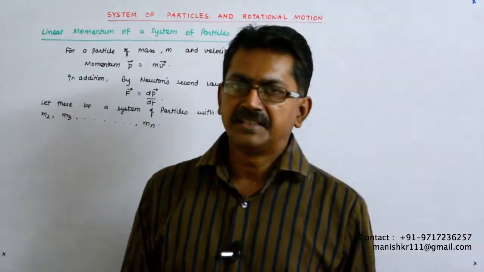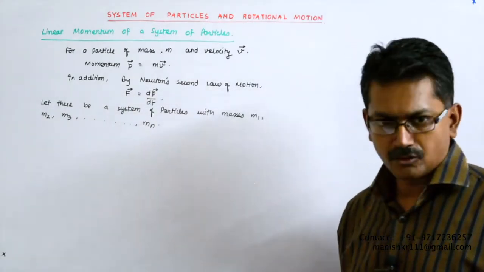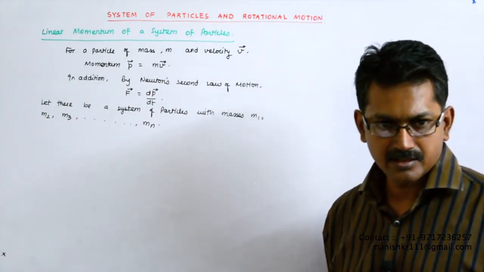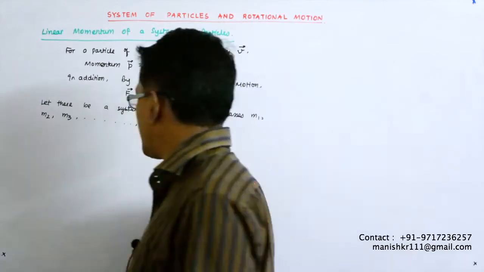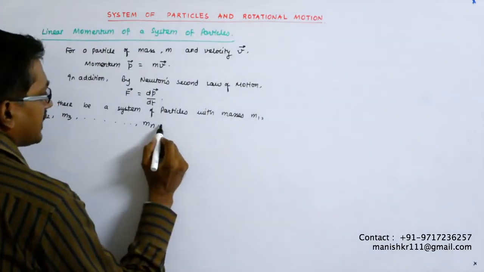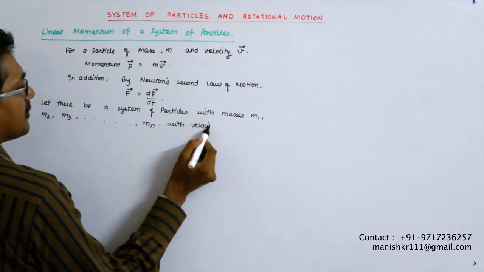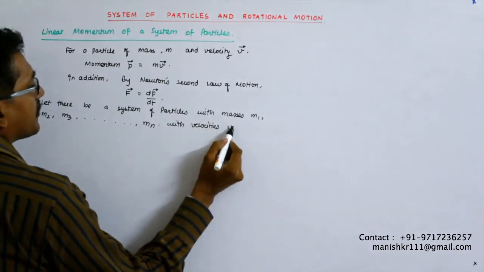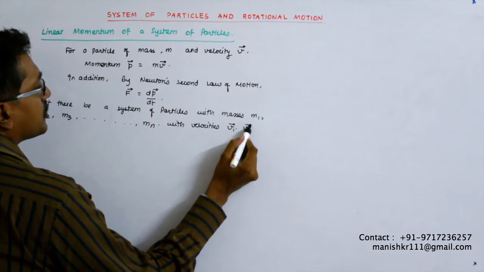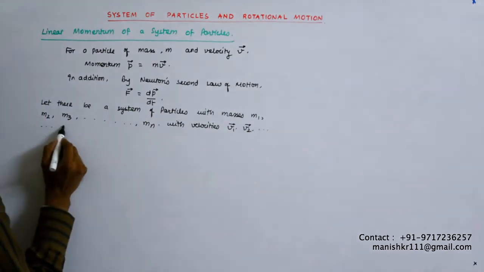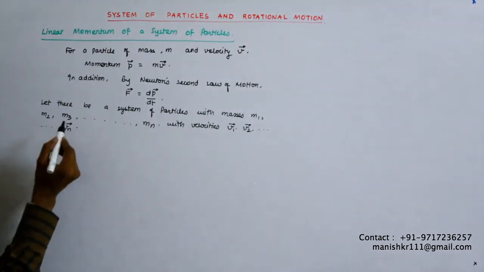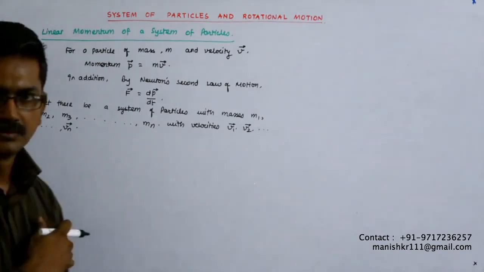Okay, so these are the masses of the particles, right? They are the masses of the particles with the velocities v1, v2, vn, right?